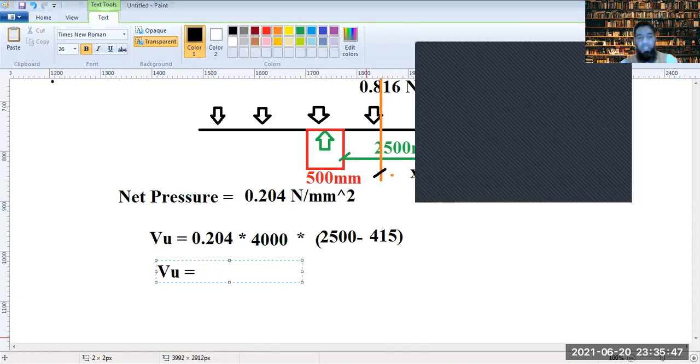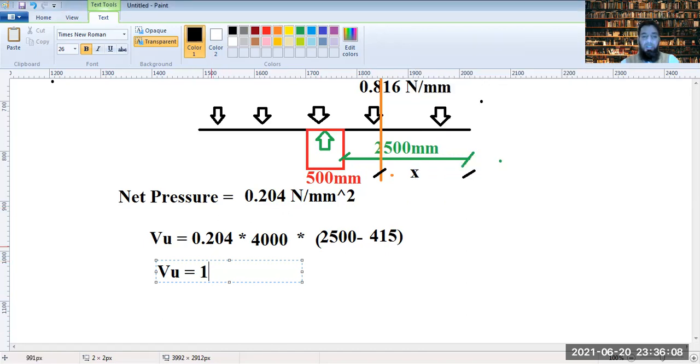So this whole comes out to be 4000 cross 0.204. So this is 1701360 divided by 1000. That's 1701.36 kilonewton.